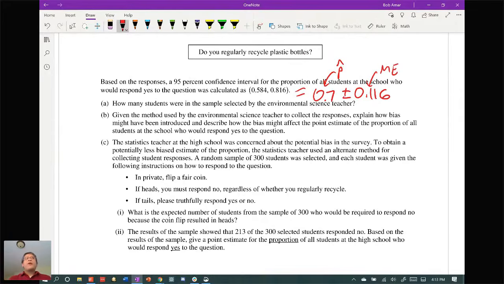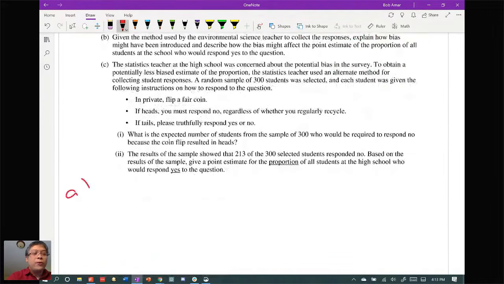Now, the margin of error is very important because the margin of error is equal to the standard score. I'm going to write out the work because I love communication. So for part A, this is really what we're after. The margin of error equals 0.116.